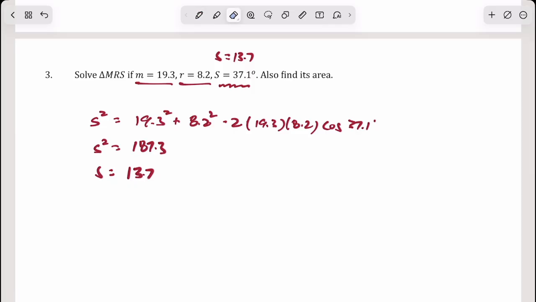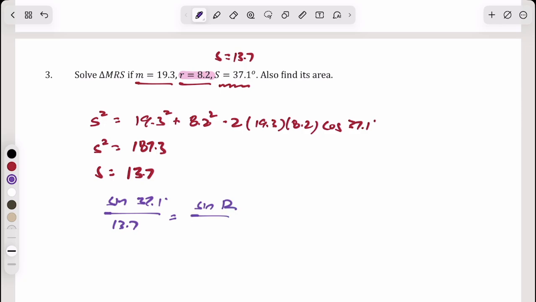Now remember, when you're given side angle side and the first thing you find is an angle, you're going to use the smaller side with the law of sines. So when we set it up, we're going to do the sine of 37.1 over 13.7 equals the sine of R over 8.2.